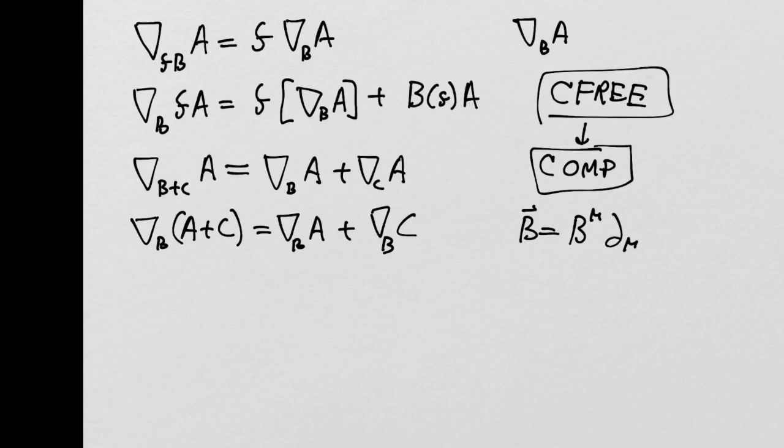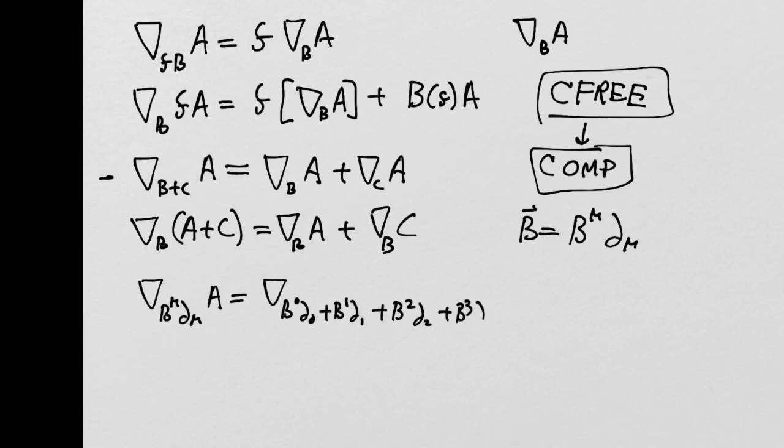Well, let's go to the first rule, right? The first rule would say this B mu partial mu of A, right? Well, actually we need to go to the third rule first, right? Because this is simply B0 partial 0 plus B1 partial 1 plus B2 partial 2 plus B3 partial 3 of A, right?